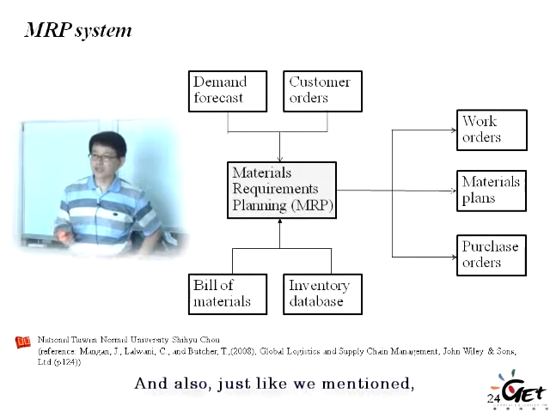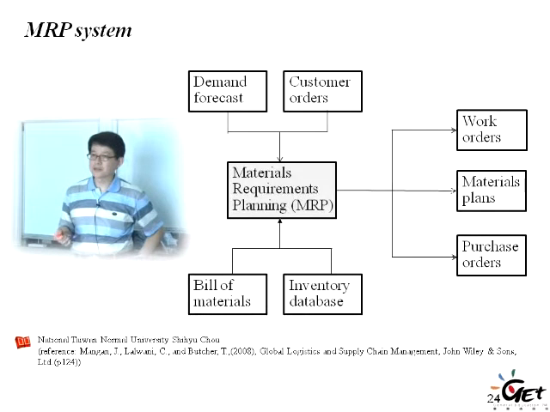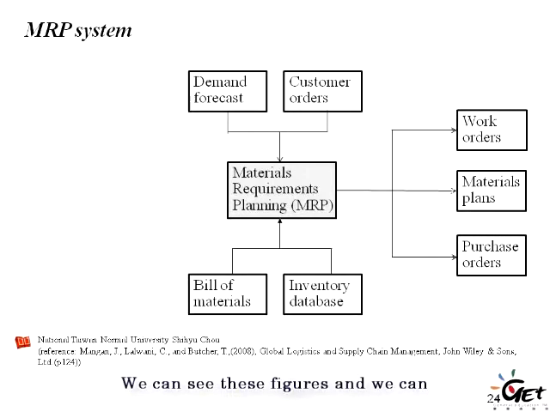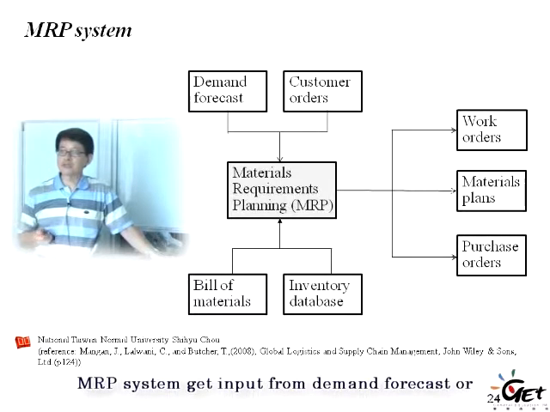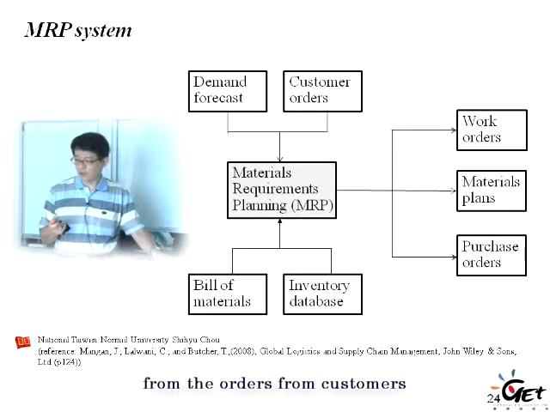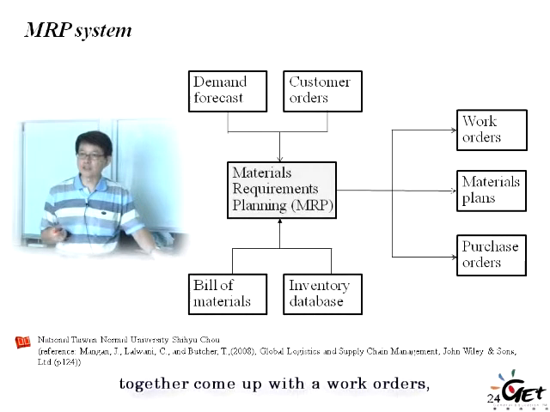And as I just mentioned, it can have the purchase order plans and materials usage plans for the parts and components. We can see these figures and have a much clearer idea here. The MRP system gets input from demand forecast or from the orders from customers, and together they come up with work orders.